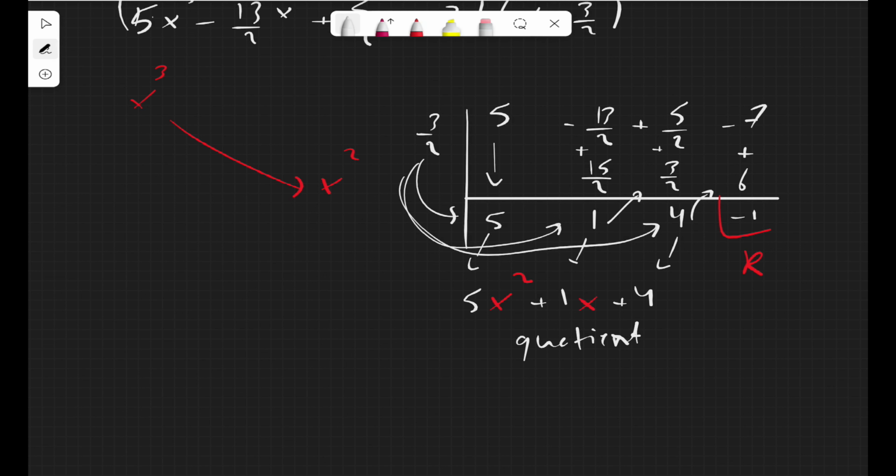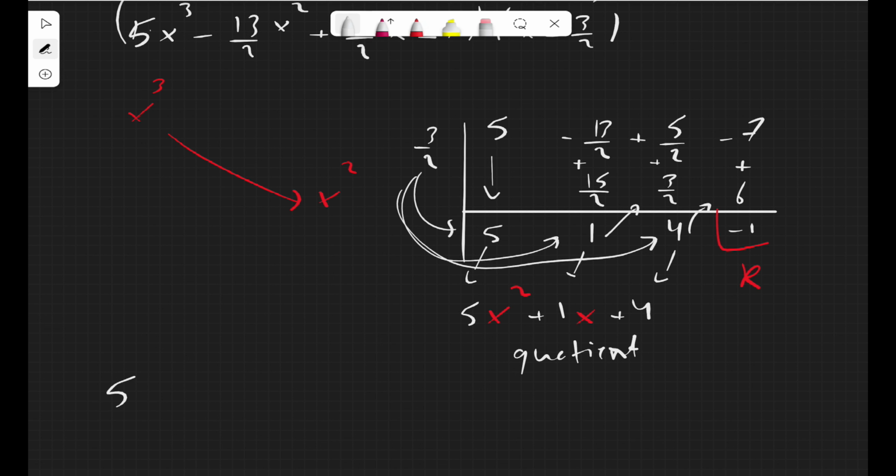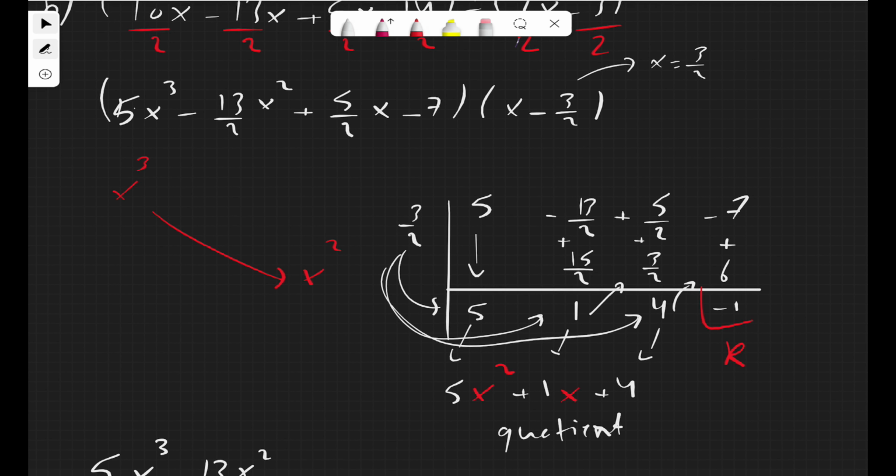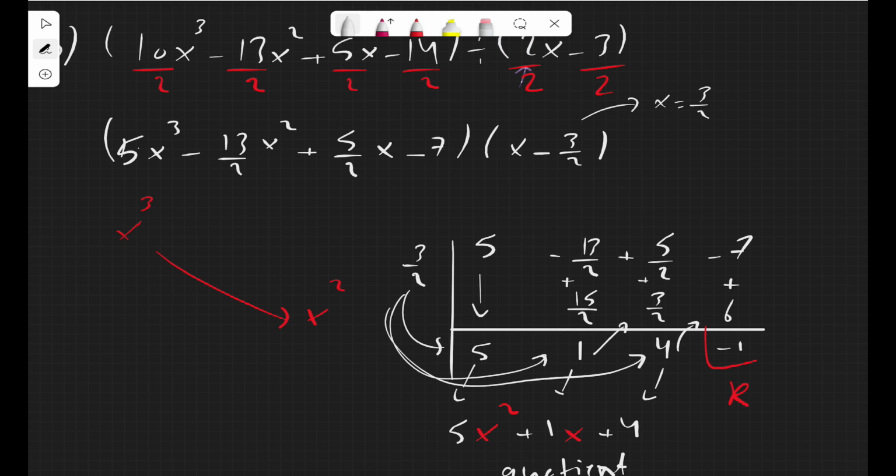Arrange the answer. So the dividend is 5x to the power 3 minus 13x... you can keep this, or you can use the first one, it is up to you.